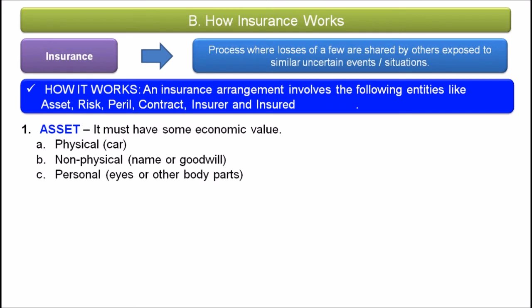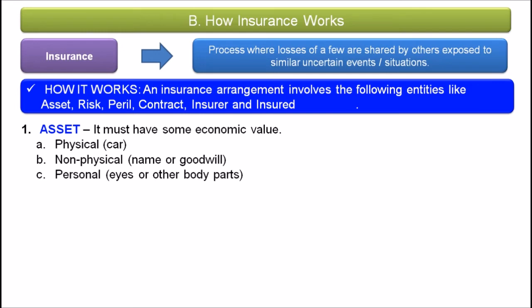What are all these things? Dear friends, please remember, an asset must have some economic value, right? Physical: yes friends, if you want to take insurance on a car, you can take insurance on a physically appearing car, and it has some economic value, so you can insure it. Non-physical: you can take non-physical insurance also.